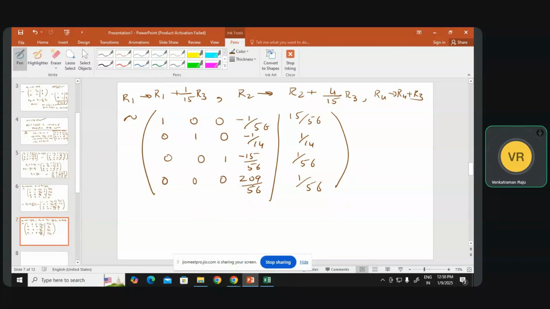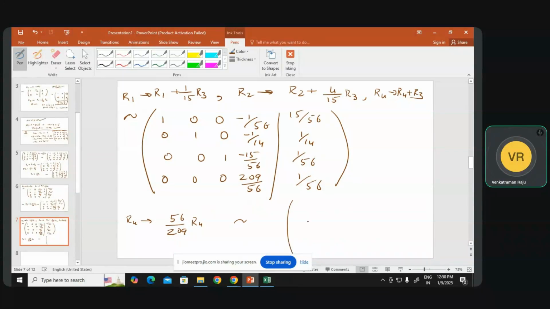But we need a 1 here. So to do that, what we do? R4 goes to 56 by 209 R4. So we get the following: 1, 0, 0 minus 1 by 56, 15 by 56, 0, 1, 0 minus 1 by 14, 1 by 14.